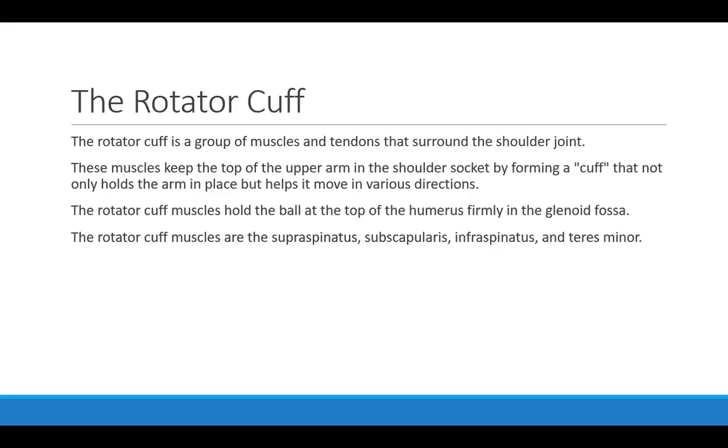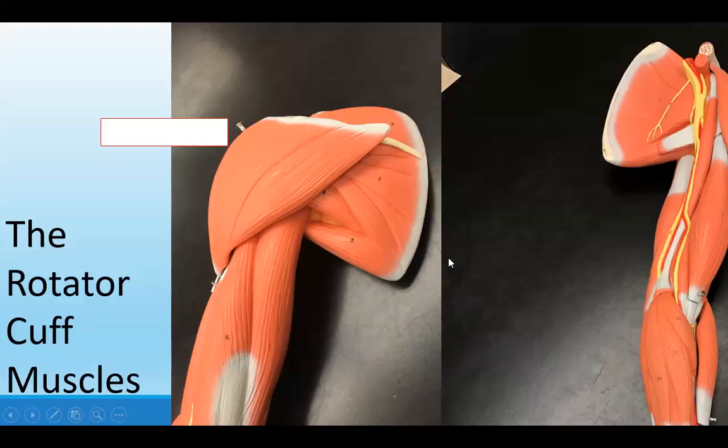And the four muscles are what's known as the supraspinatus, the subscapularis, the infraspinatus, you might recognize these names, and the teres minor. So rotator cuff muscles. There is the supraspinatus right there.